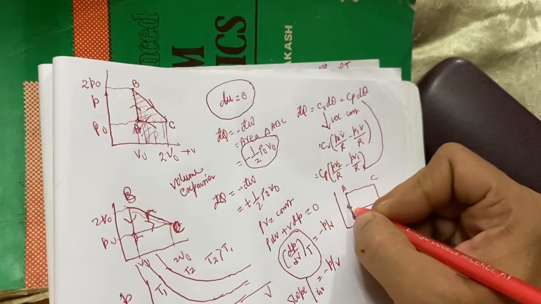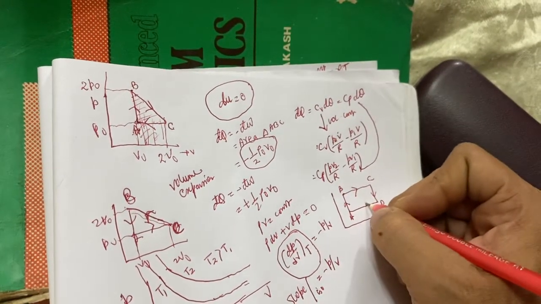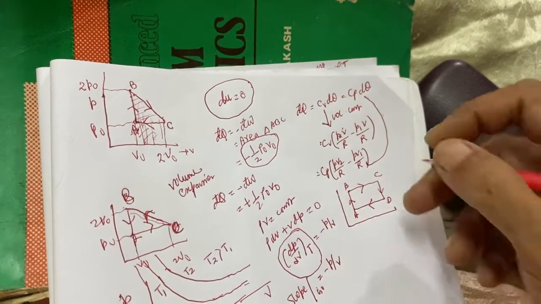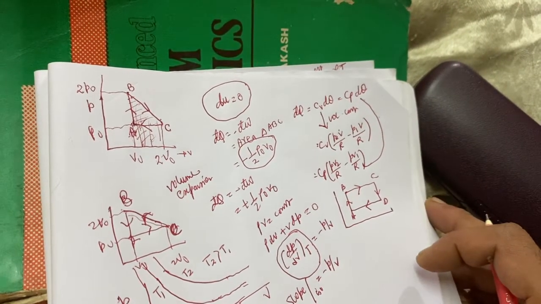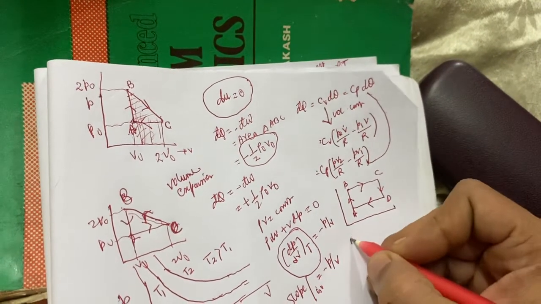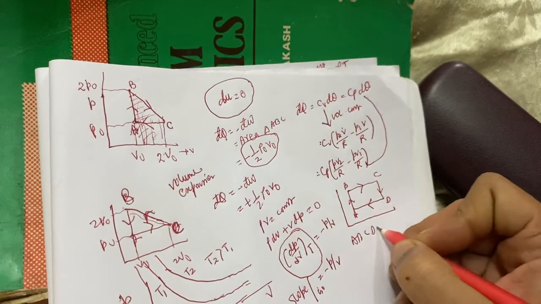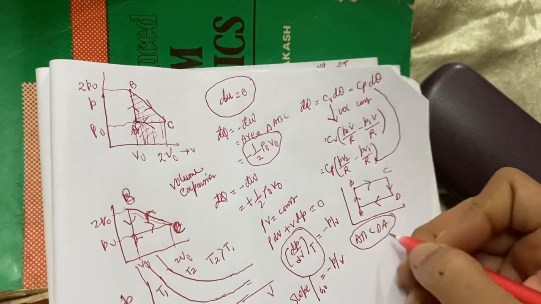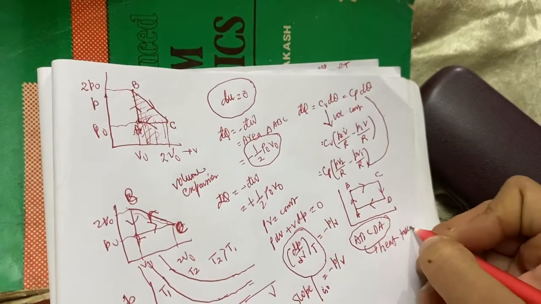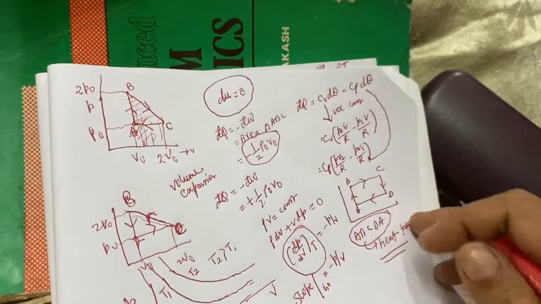We are going from A to B, B to C, C to D, and again D to A. You have to calculate the heat taken for the process A, B, C, D, A. It is a PV diagram.